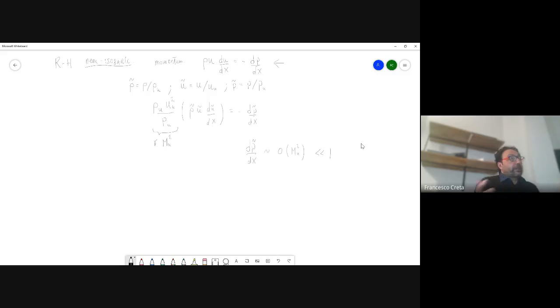But again, it's very small, okay? And in fact, because the Mach number is very small, it gives us a chance to simplify things significantly in the equations.